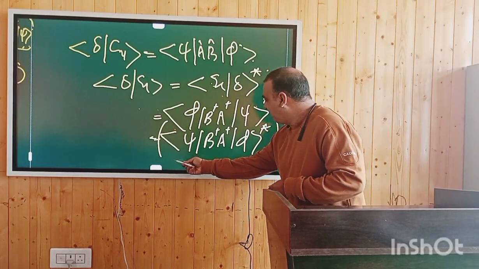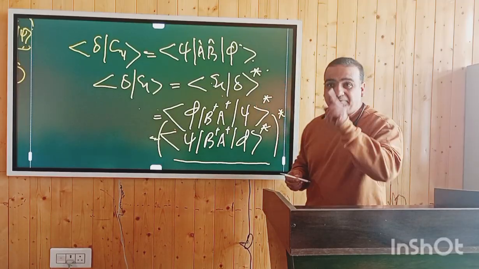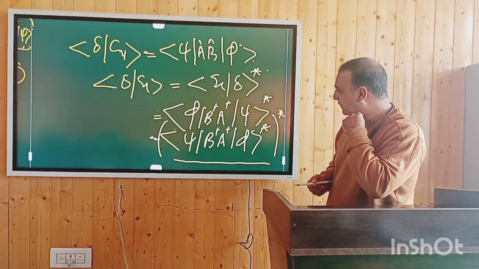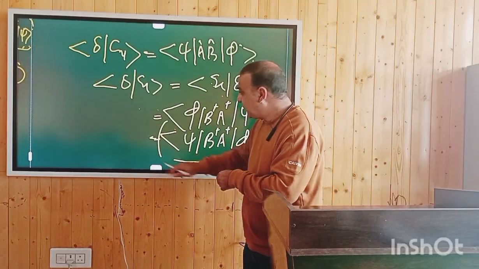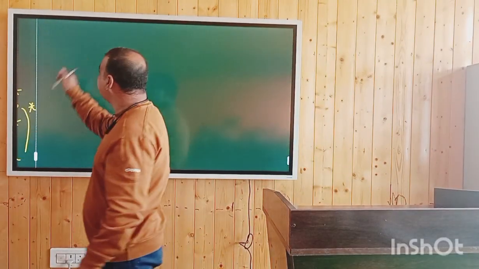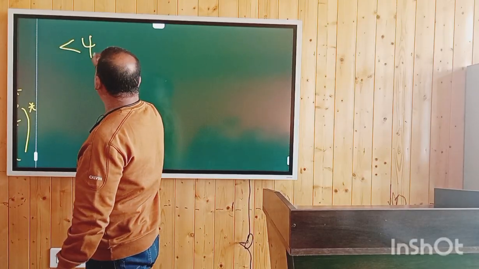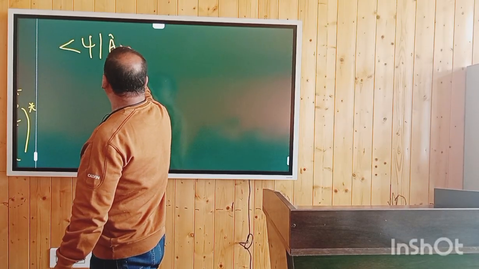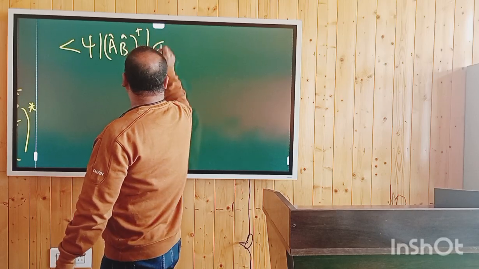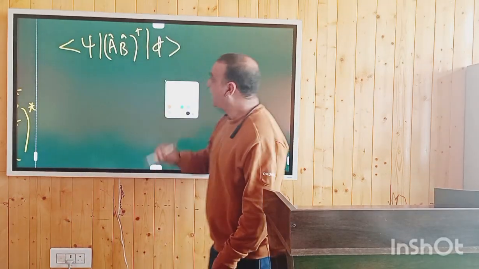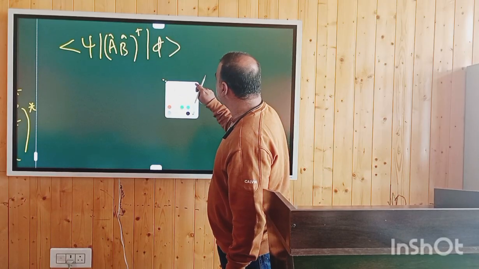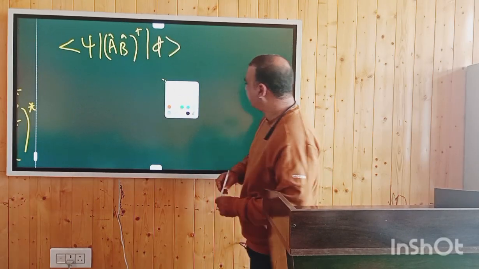Come on, can you compare this equation with the first equation that I wrote down? What was on the right hand side of that equation? That was psi, A cap, B cap, raised dagger, and phi. Isn't it? Come on, what's happening?